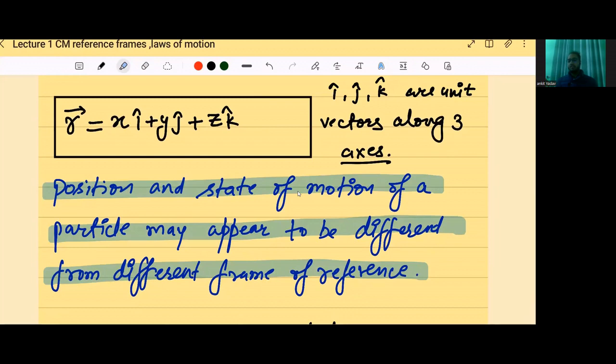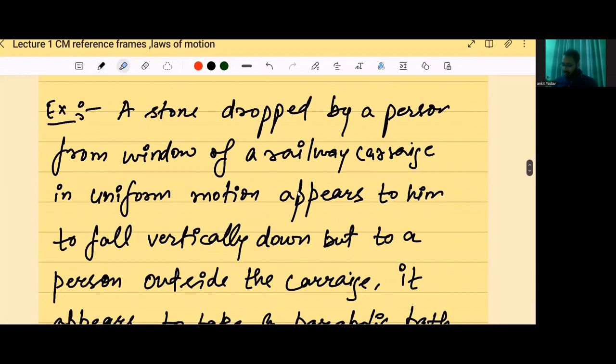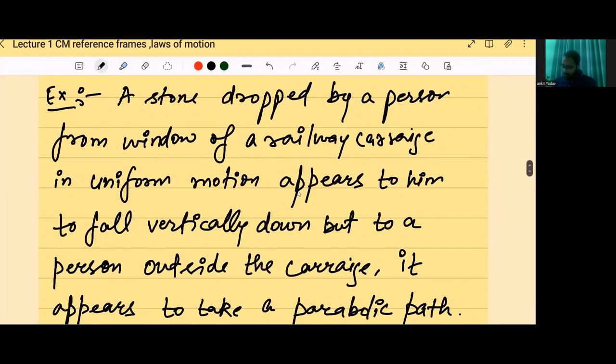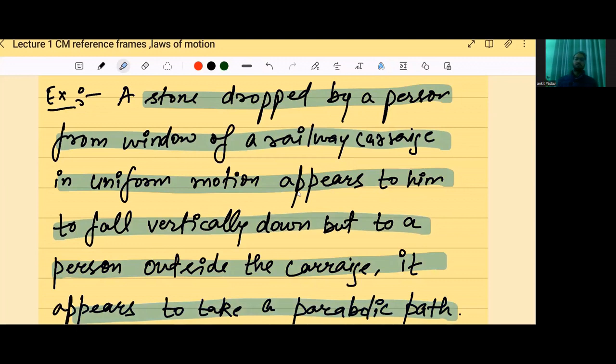One more example I have given here: a stone dropped by a person from the window of a railway carriage in uniform motion appears to fall vertically down, but to a person outside the carriage, it appears to take a parabolic path.